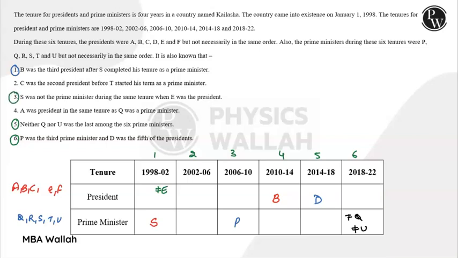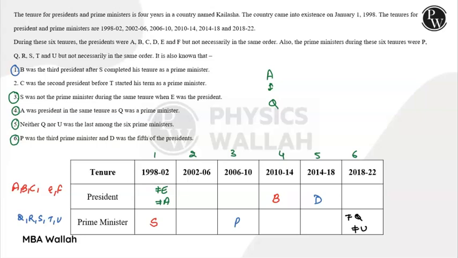A was the president in the same tenure as Q was the prime minister. So wherever A is, Q will be in that same tenure. That means A cannot be the first as well, because if A is the first president, then Q has to be the first prime minister, but S is already the first prime minister. So A and Q have to be together in the same tenure.